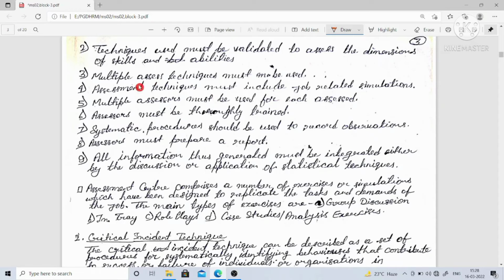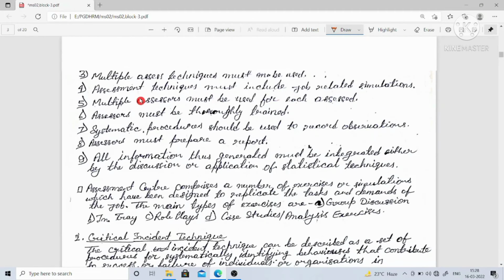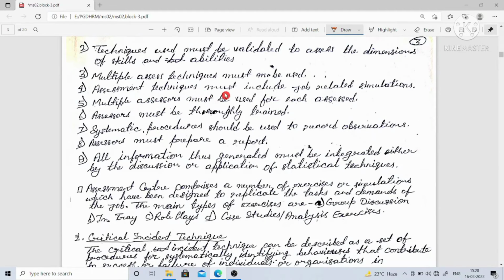Multiple assessment techniques must be used. Assessment techniques must include job related simulations. Multiple assessors must be used for each assessee.